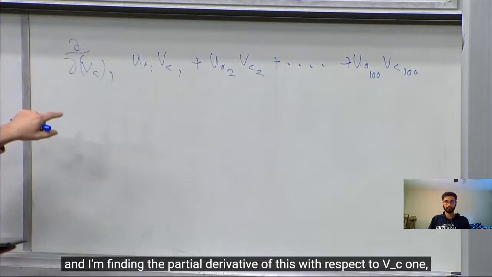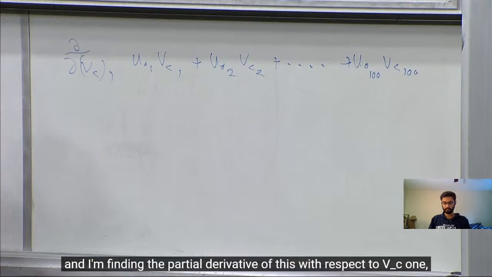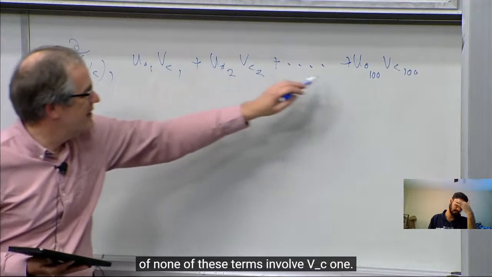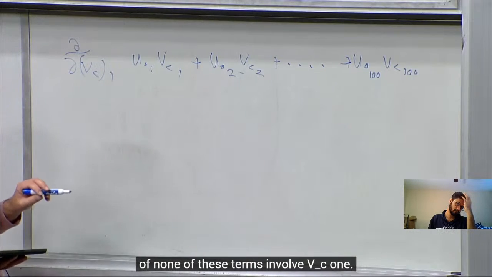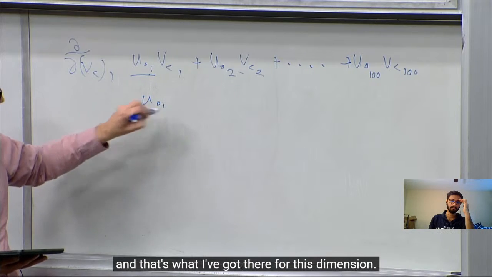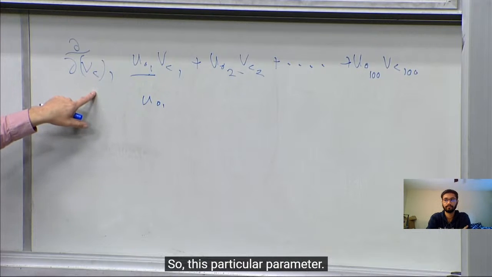And I'm finding the partial derivative of this with respect to vc1, and hopefully you remember that much calculus from high school: none of these terms involve vc1, so the only thing left is this uo1, and that's what I've got there for this dimension.